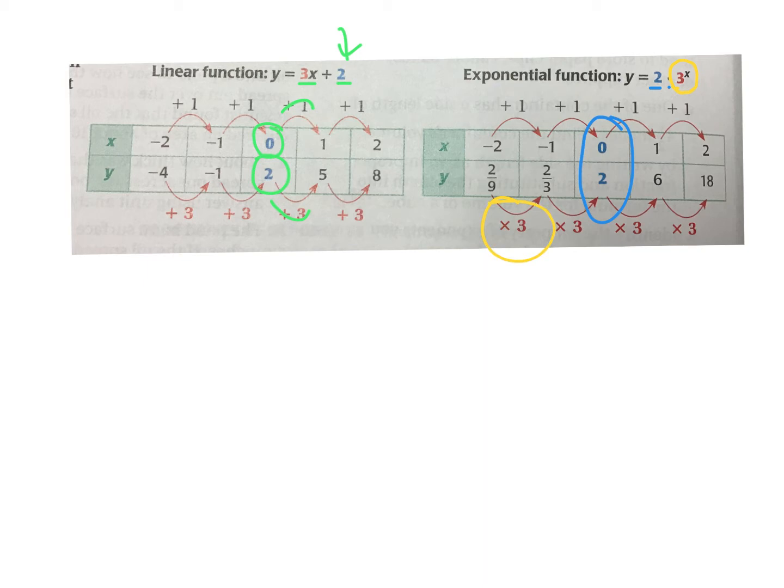So you're going to have 3 times 3 times 3, however many number of exponents there are. So when you create the table, you use your y-intercept, and then you add 1 to the x value, and you multiply times 3 on the y value. So that's the main difference you've got to recognize. So let's go practice.